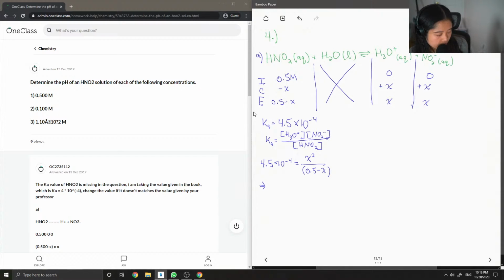Now I'm going to simplify this expression, and you'll see that it makes a polynomial expression.